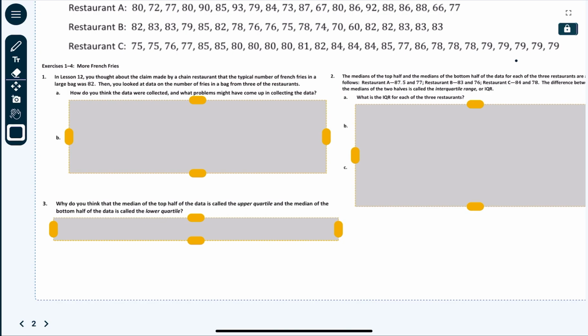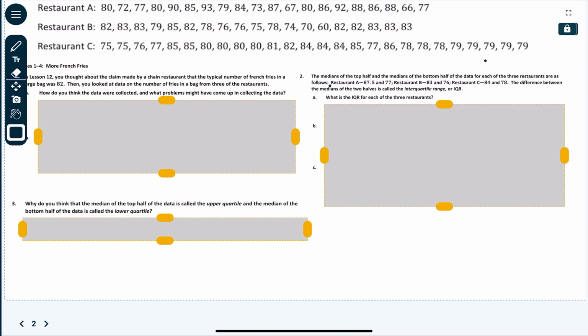Then you looked at data on the number of fries in a bag from 3 of the restaurants. How do you think the data were collected, and what problem might come up in data collection?